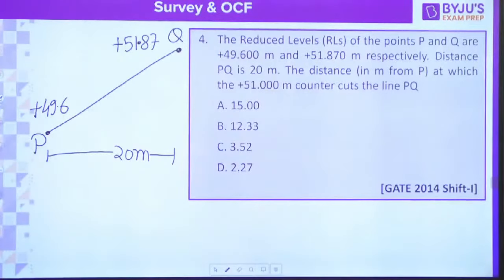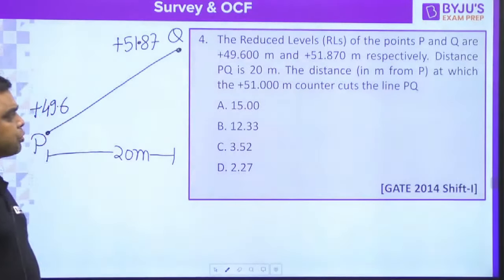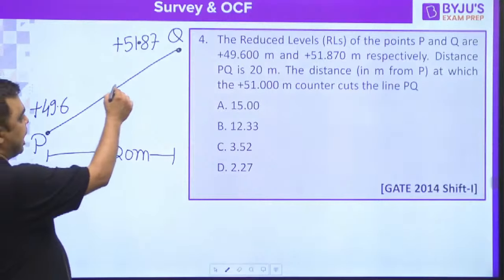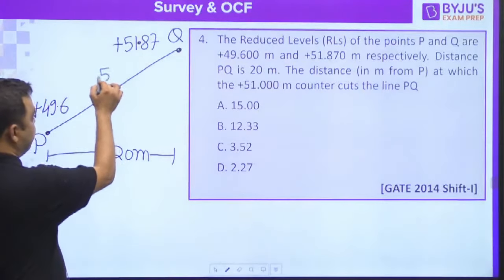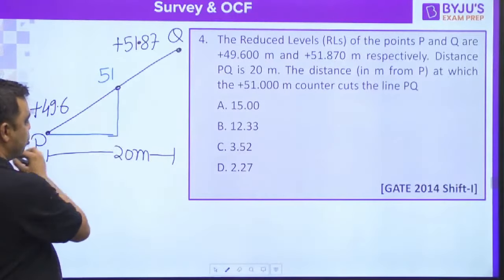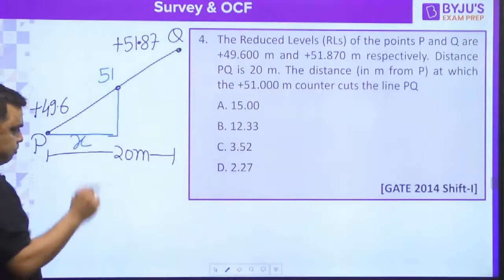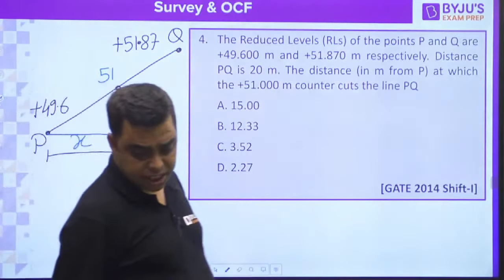This is 20 meter, right? Now we need to determine contour which is cutting at an RL of 51 meter. So what we need to do? See, let us say this is the distance x.